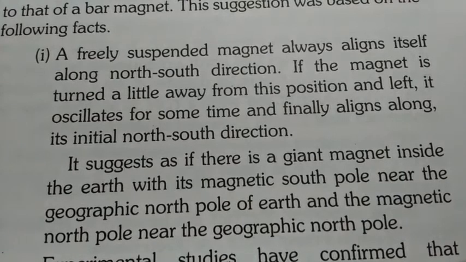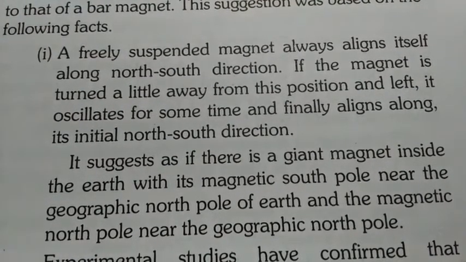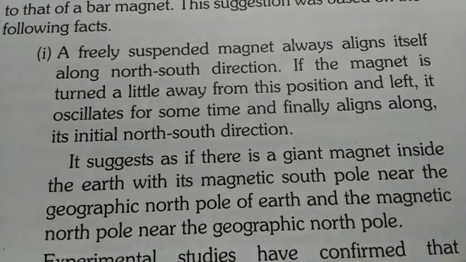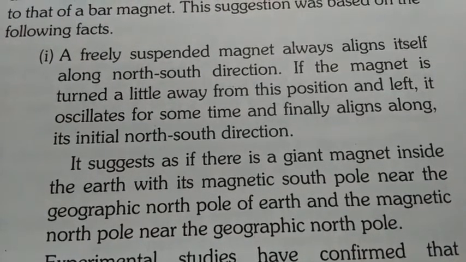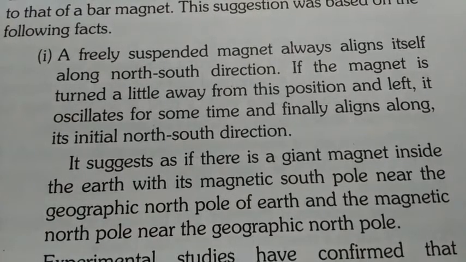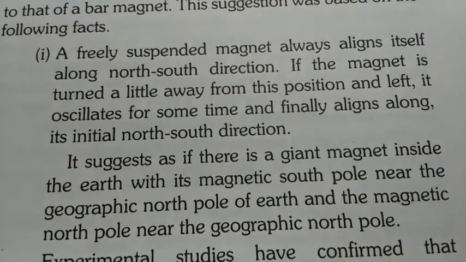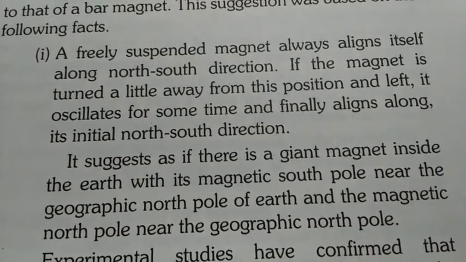So it indicates that something is pushing the magnet to align in that particular direction. And that something is the magnetic field of Earth. Because a freely suspended magnet always points towards north and south, there must be north and south poles in Earth. That means Earth is also behaving like a magnet.